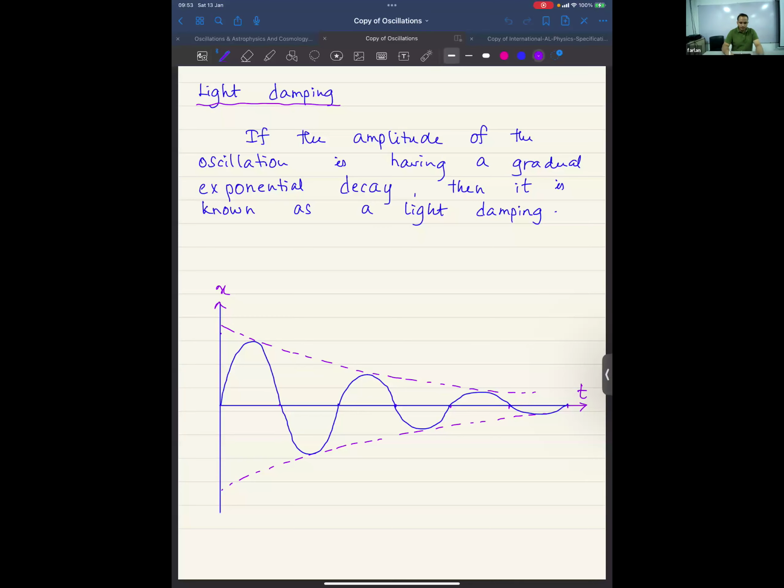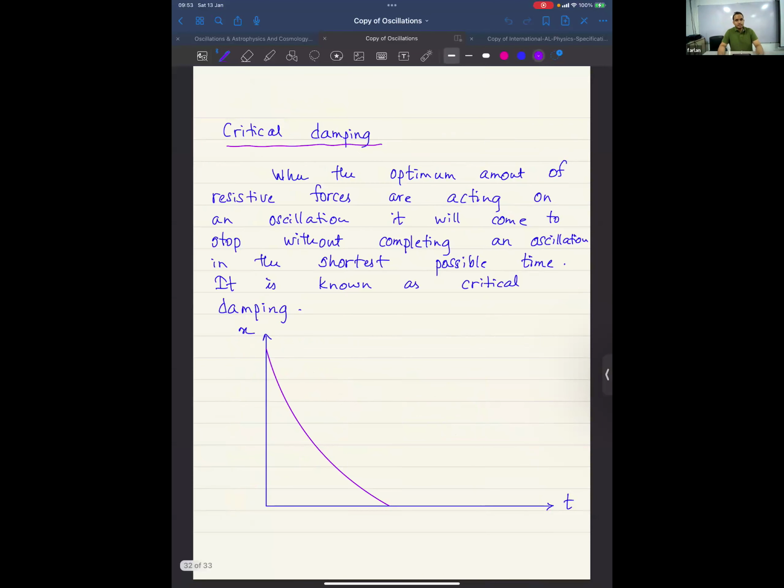Okay, the next one: critical damping. When resistive forces are acting, the amplitude will reduce gradually. The higher the resistive forces, the sooner will be the stop.